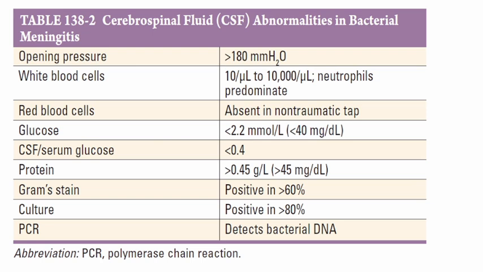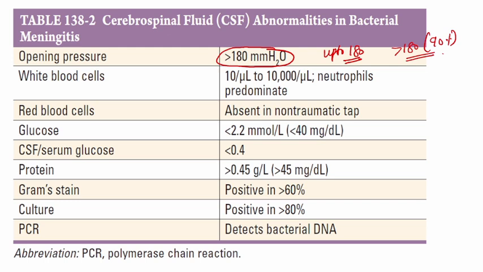So what are the CSF findings of acute bacterial meningitis? It is a table from Harrison's. Opening pressure is always more than 180 mm of water. Up to 180 is normal, and it is more than 180 in 90% of the cases. So it is a very specific finding that the opening CSF pressure is high.